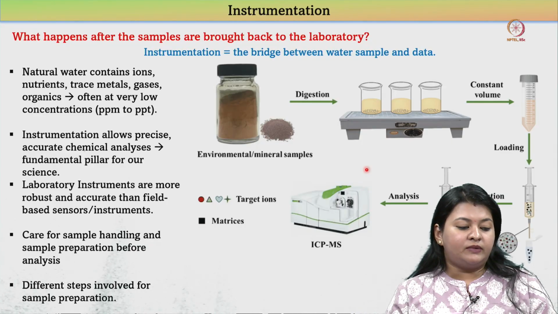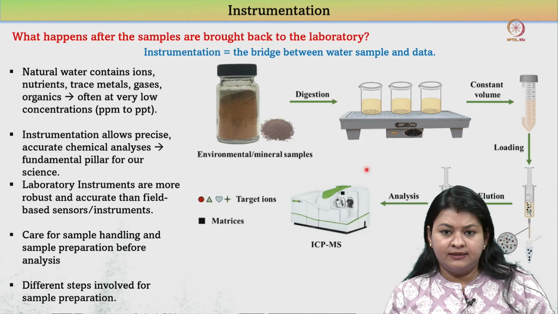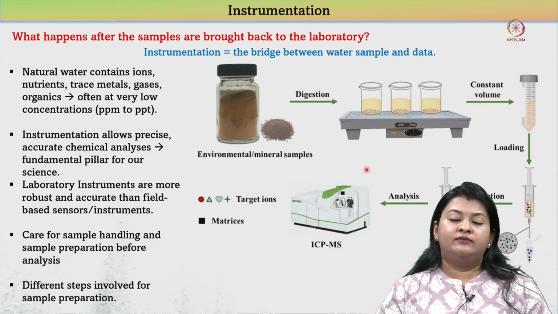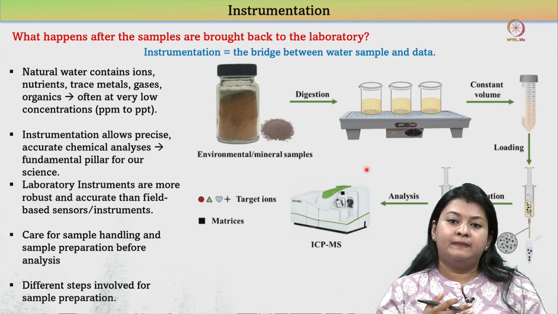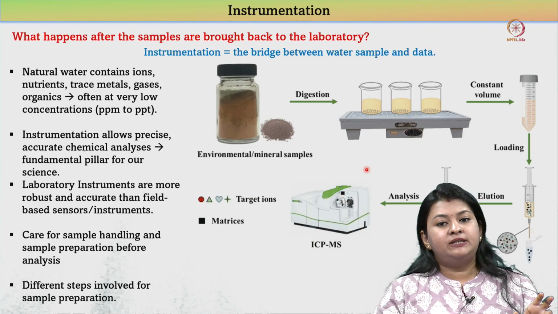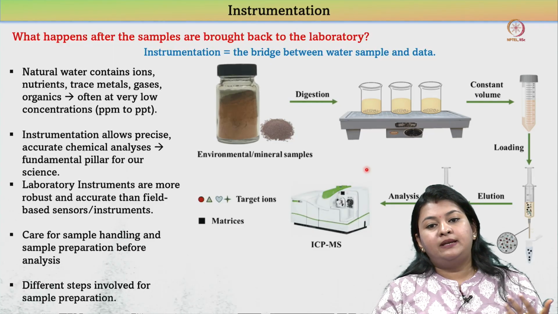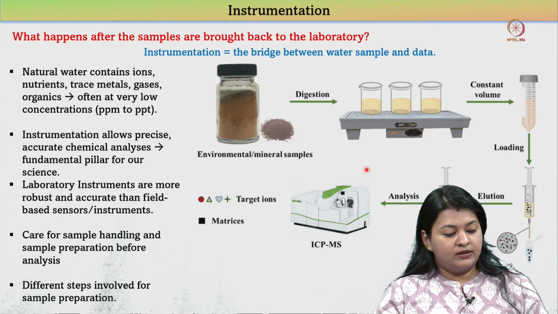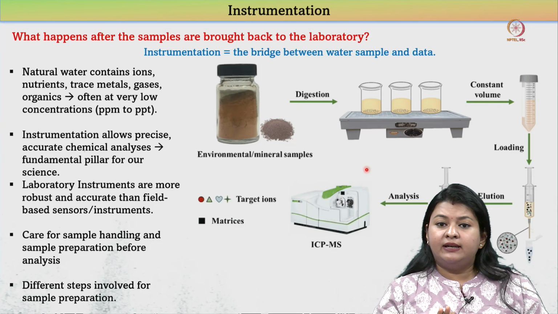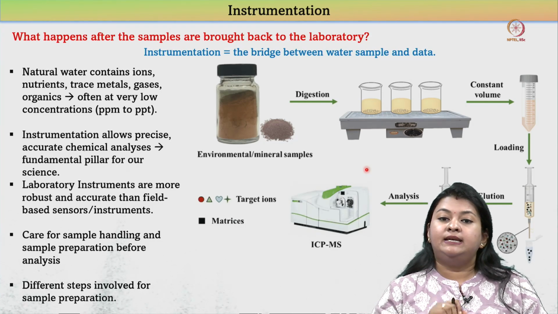And every kind of analysis may have a different sample preparation methodology. The preparation techniques can vary depending on what you are going to analyze. So, the instruments are varying, and the sample preparation techniques are varying.